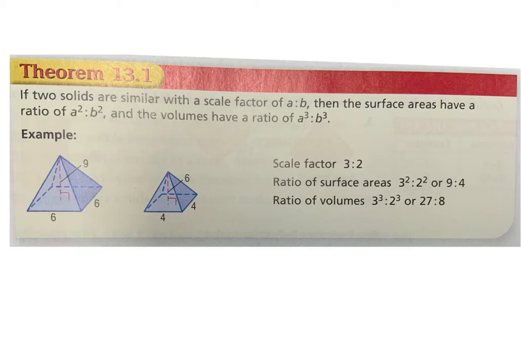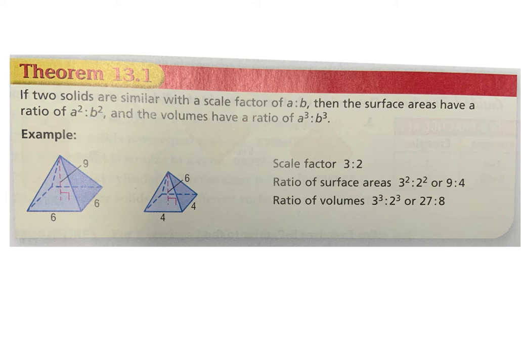If two solids are similar with a scale factor of A to B, then the surface areas have a ratio of A squared to B squared, and the volumes have a ratio of A cubed to B cubed. If you know your scale factor of your original figures, then you can find the ratio for the surface areas and the volumes, and they just go up by dimension, which kind of makes sense.